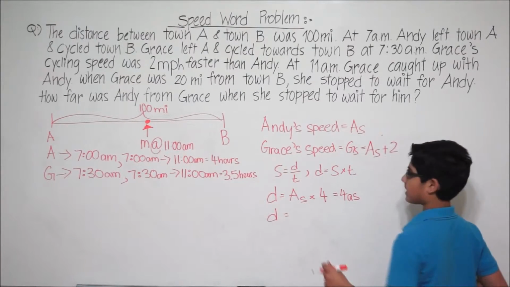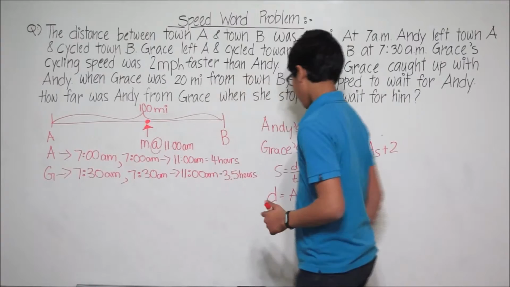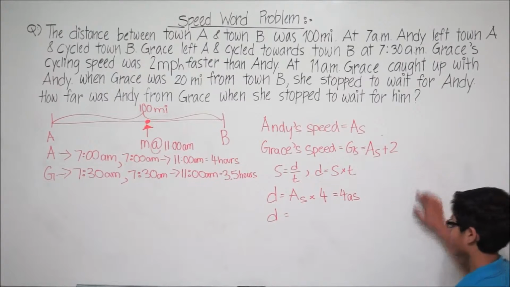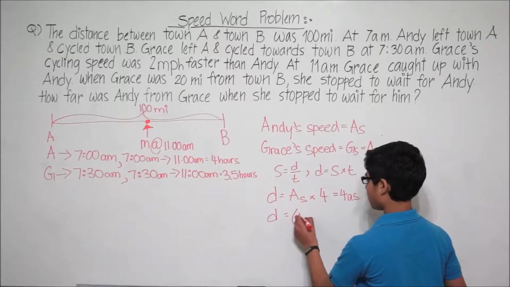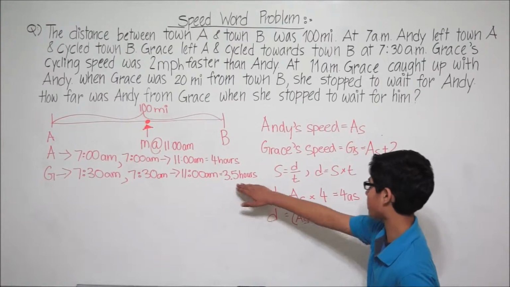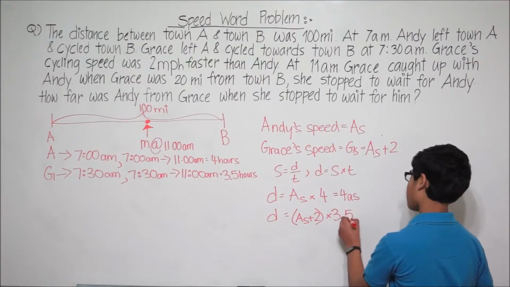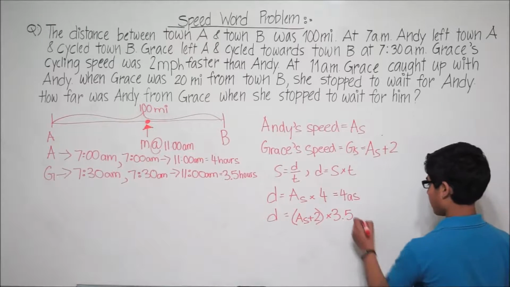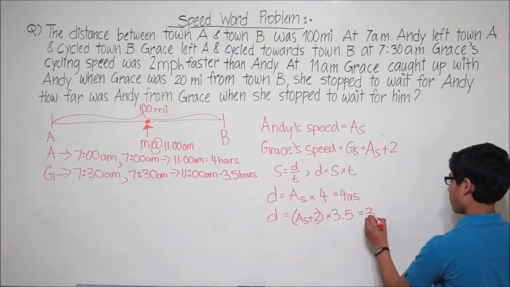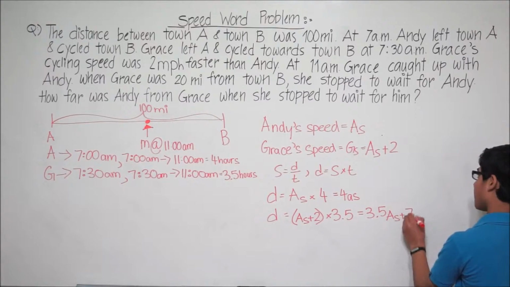Now let's find the distance that Grace traveled from town A to where they met. The distance, D for distance, is equal to the speed, which is AS plus 2, times the time, which is 3.5 hours. So, this is equal to 3.5 AS plus 7.